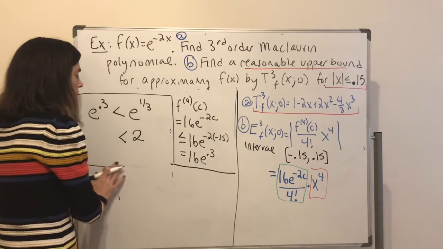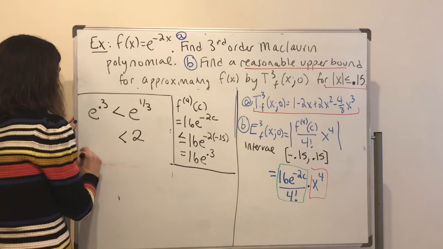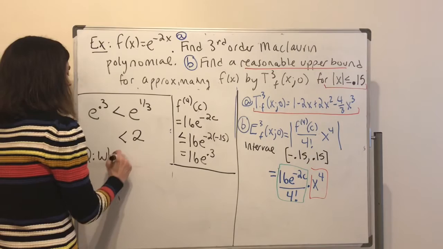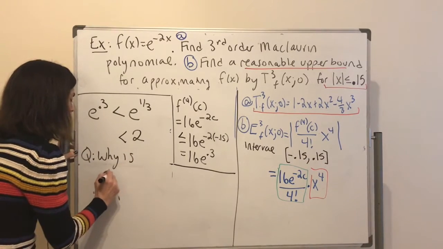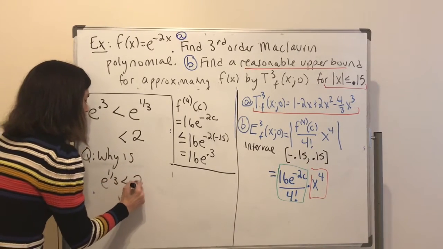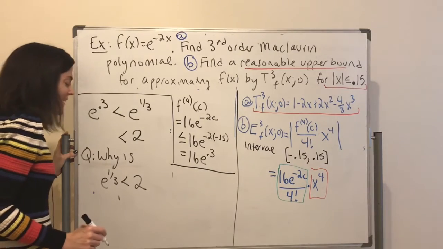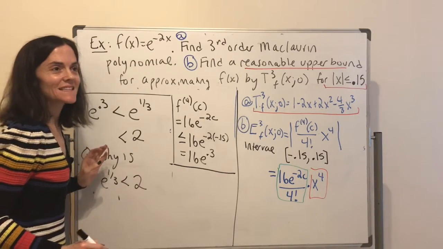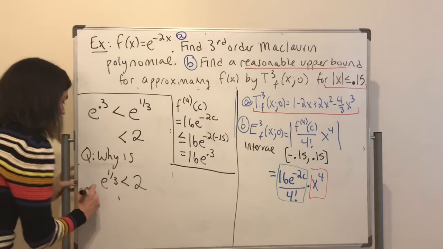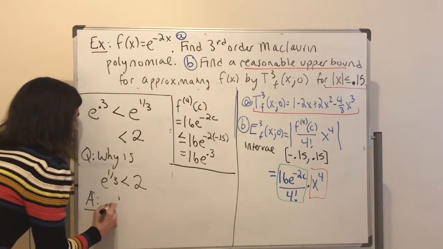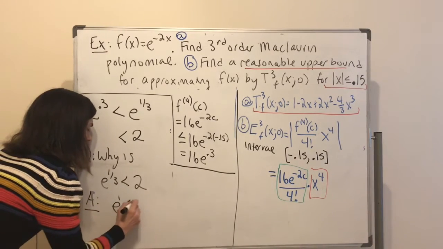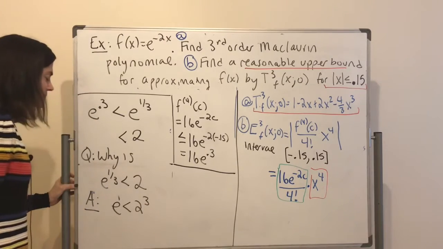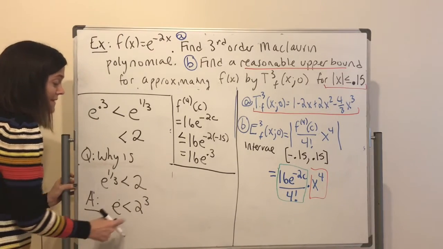Now, this is a question you might ask yourself. So question, why is e to the 1/3 strictly less than 2? Well, how do we see this? It's less than 2 because e is less than 2 cubed. This is 8.